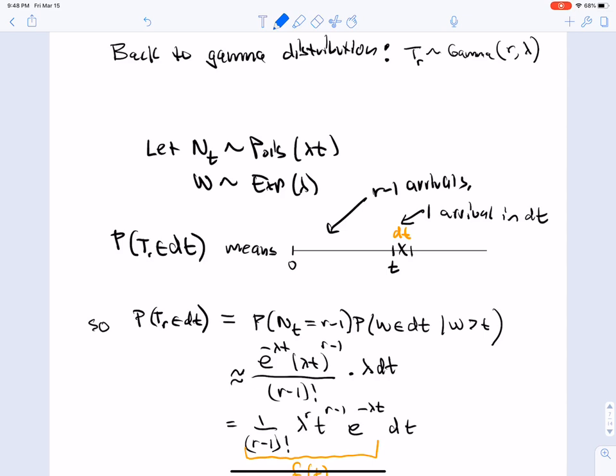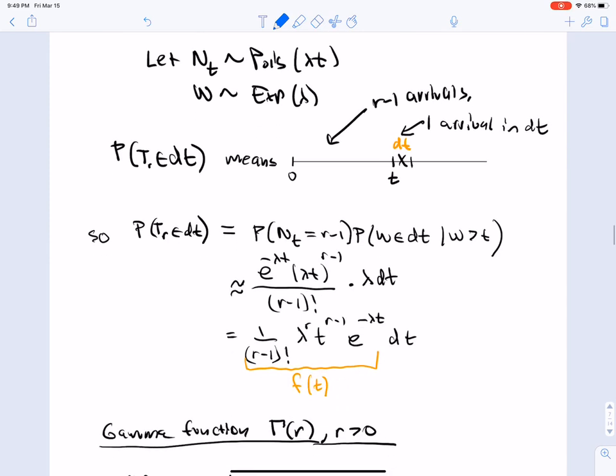And these are independent. So this is the probability that N_t is r minus 1, that I have r minus 1 arrivals in time t, and given that, my final arrival W is in dt, which by the memoryless property is just lambda dt.